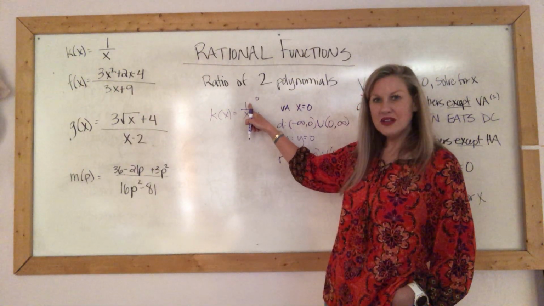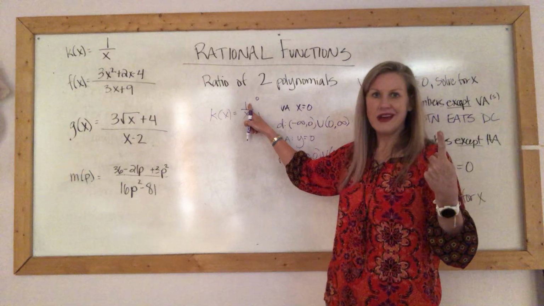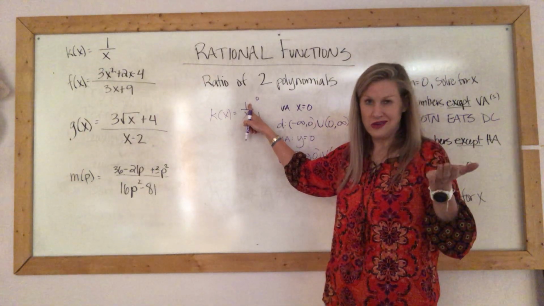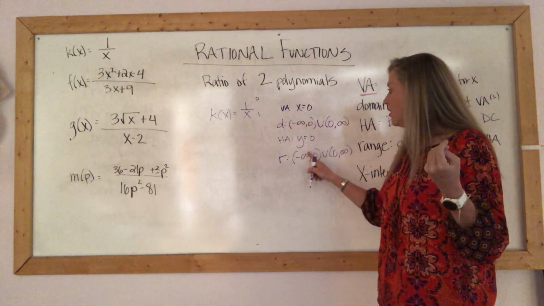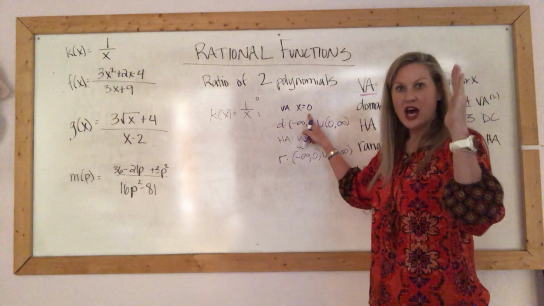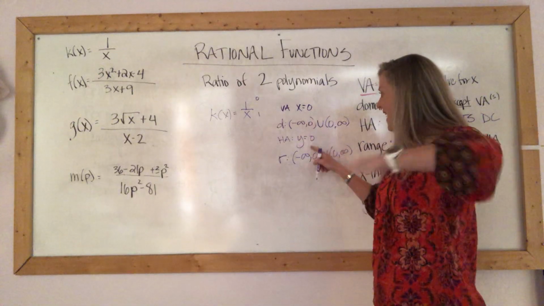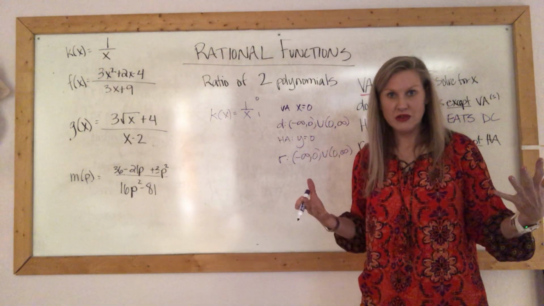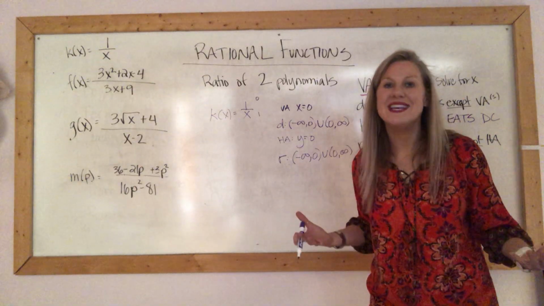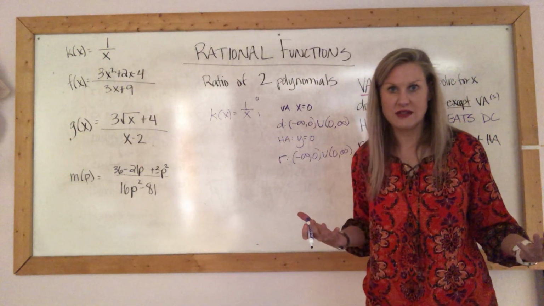Well, in this example, two things. First of all, there's no x in the numerator, so there's no way to solve. Second of all, we know that the y-axis and the x-axis are both acting as asymptotes, so this function won't hit the x-axis or the y-axis.